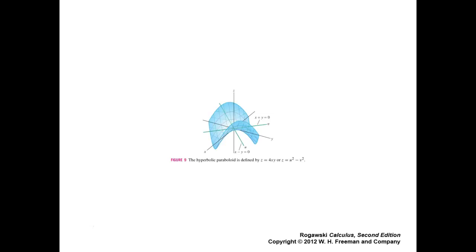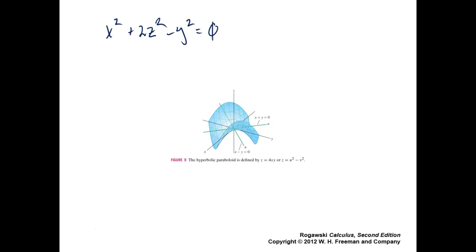Without referring back to the formulas, use traces to determine and graph the quadratic surface given by x squared plus 2z squared minus y squared is equal to 0. Now, it says without referring back to the formulas, sort of hard to do.